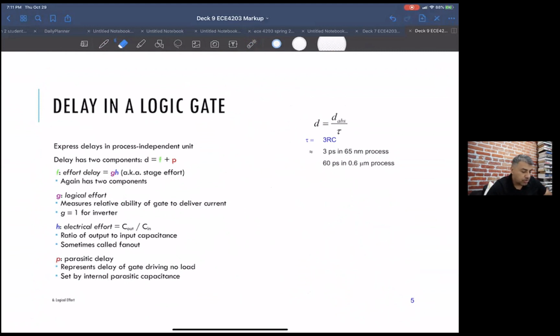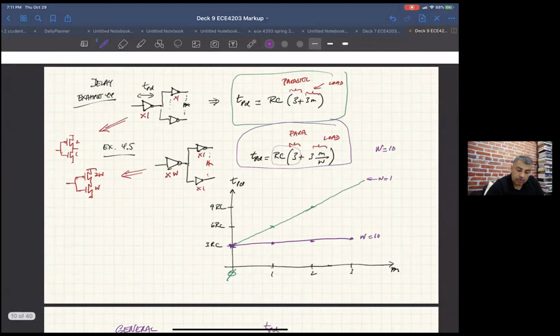So let's look at this. Again, we have delay. And notice that the delay, for whatever lucky reason, was always in terms of 3RC. Remember, R was the resistance for a particular process, the equivalent resistance of an NMOS transistor, and that's typically given to you, although you could simulate it or calculate it.